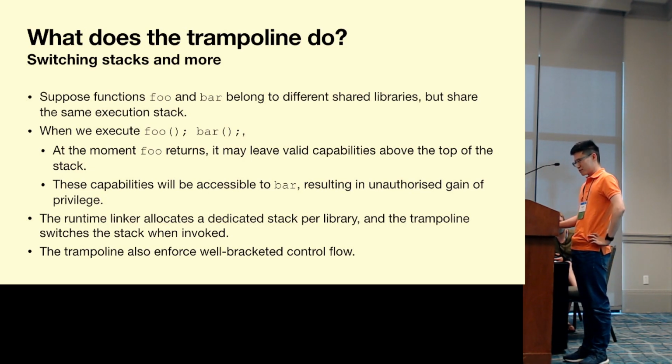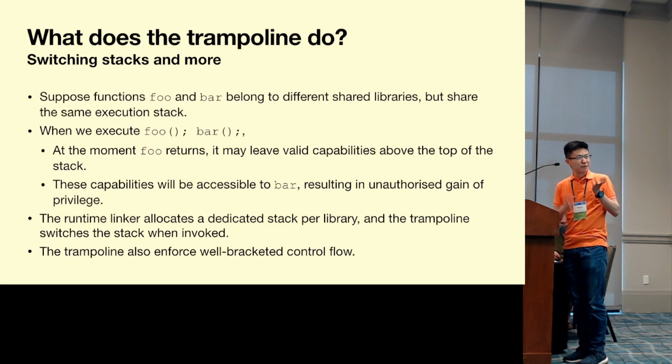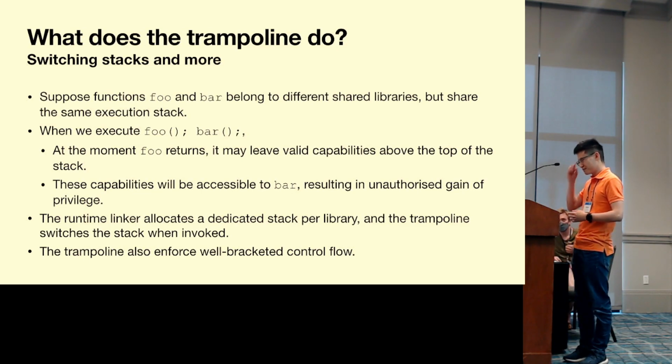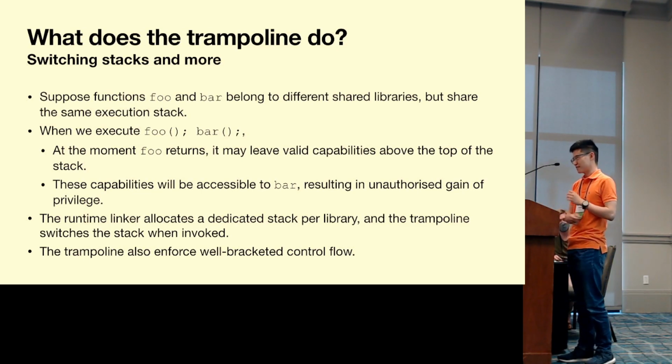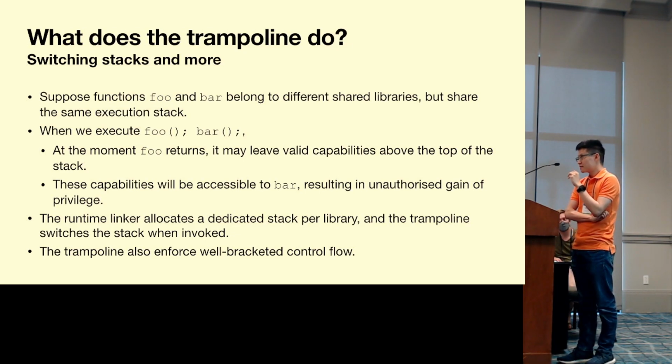One of them is called stack switching. Suppose functions foo and bar belong to different shared libraries, and they share the same execution stack. We have a problem, because if we execute foo and then we execute bar, then at the moment foo returns, it may leave valid capabilities above the top of the stack.